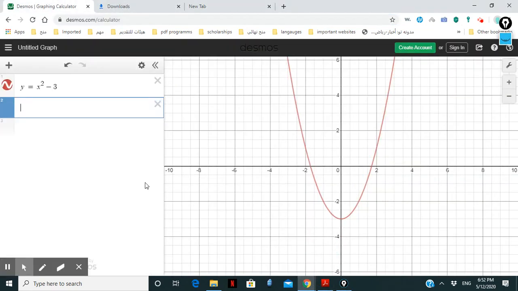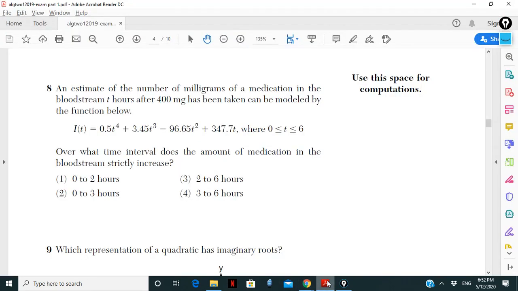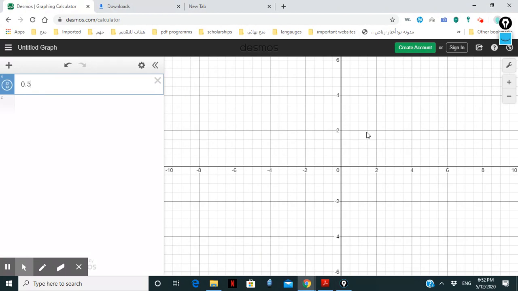Here is the function. The function is 0.05 t to the power 4, plus 3.45 t to the power 3, plus 96.65 t to the power 2.